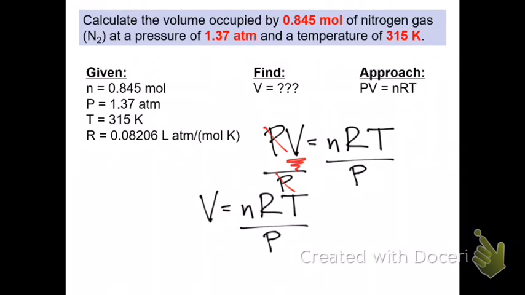All right, so all you have to do now is plug in the numbers. So we have the number of moles, which is 0.845. And you multiply this by the ideal gas constant, which is 0.08206.